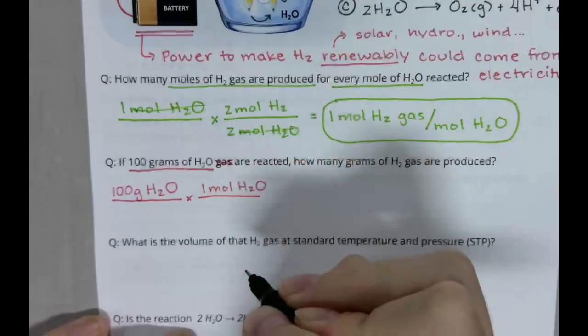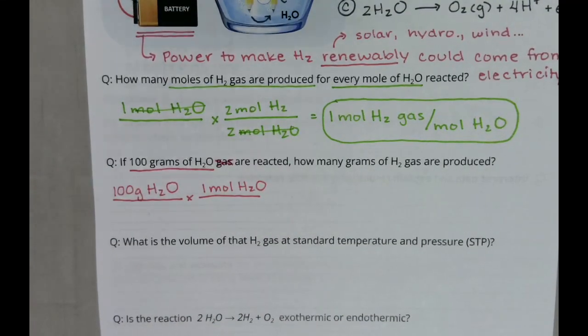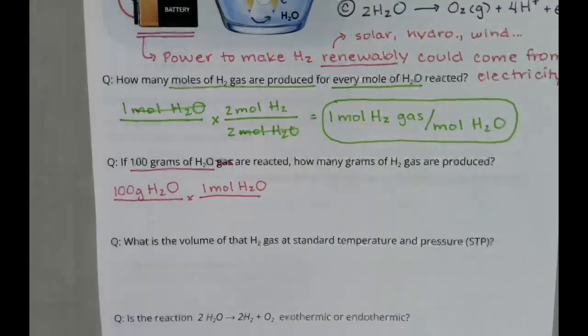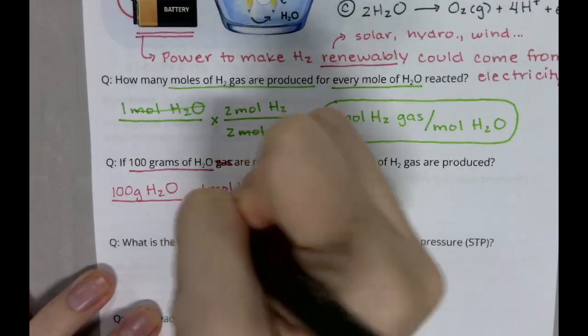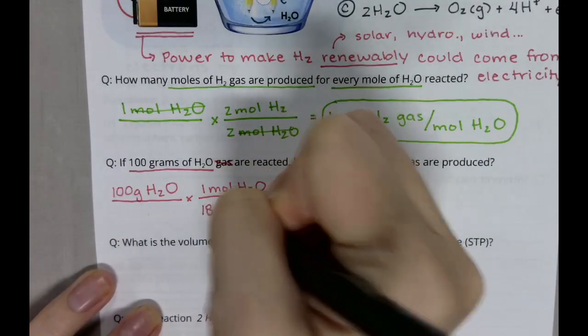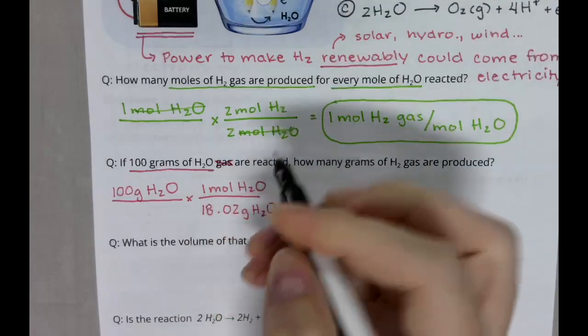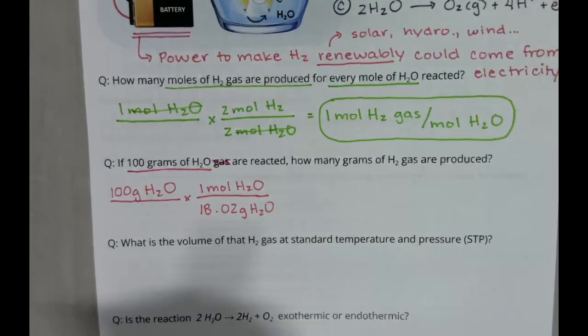That was calculating molar mass, and you've got to meet that in your notebook on page, wait for it, 84, all the way at the bottom. We already did this calculation. And we figured out that water weighs 18.02 grams per 1 mole.